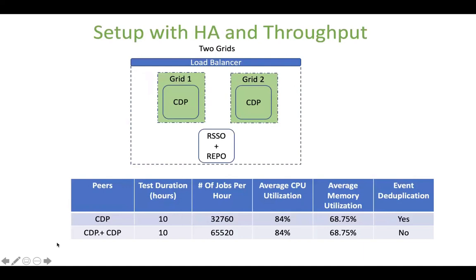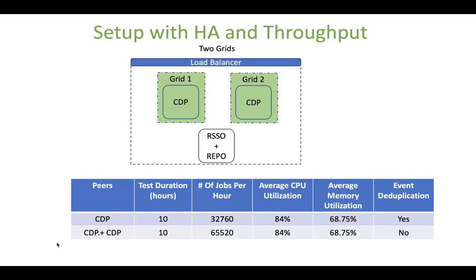So even though you have two instances of the same event coming in, only one event is picked up, and the second event is dropped, and only one job is kicked off because of that. But if you have two CDPs and they don't know the presence of the other one, they'll start running the jobs based on those events.